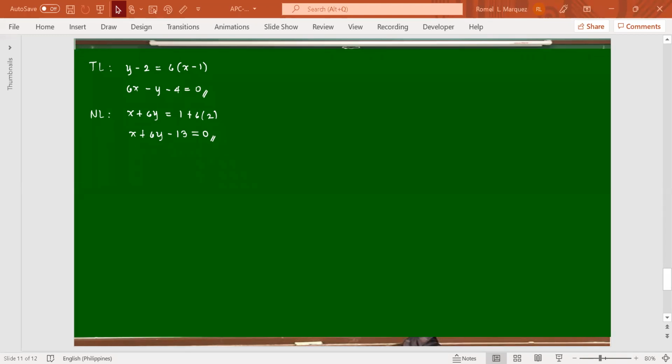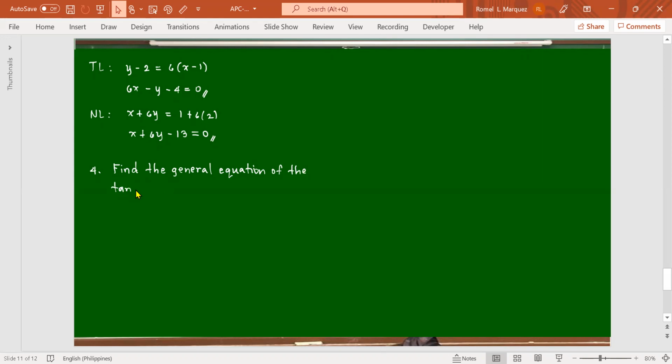Number 4. Find the equation in general form of the tangent line.